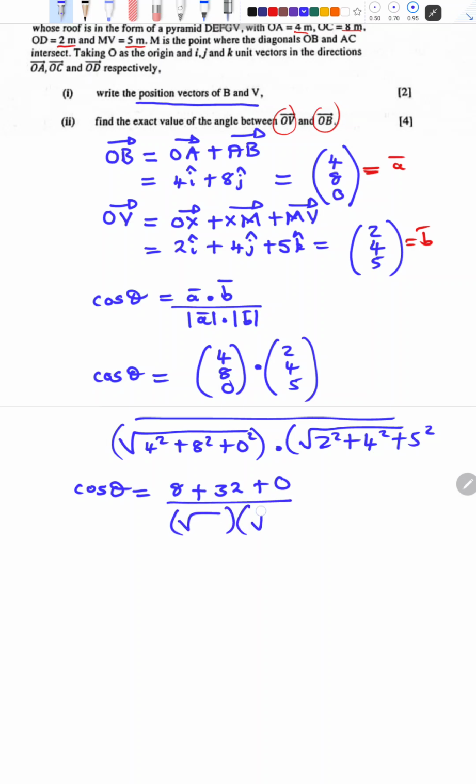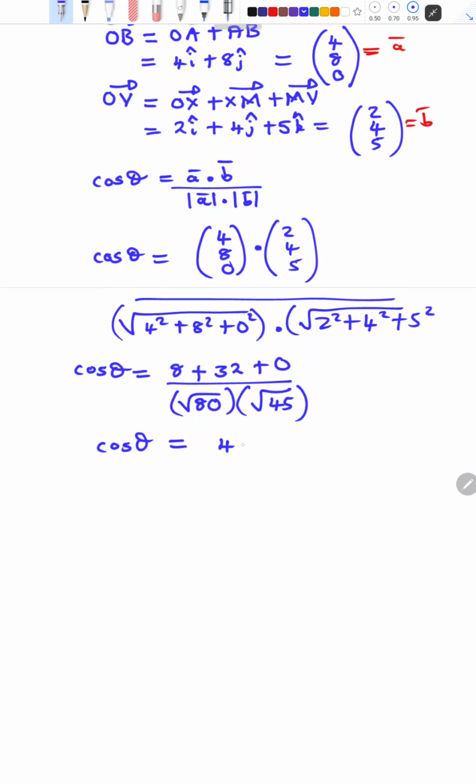We now need to simplify the root signs. So I'm now saying 4 squared plus 8 squared, you get 80. Then 2 squared plus 4 squared plus 5 squared gives you 45. So I'm now writing cos theta is equal to 8 plus 32, you get 40, divided by root 80 times root 45, you get 60.